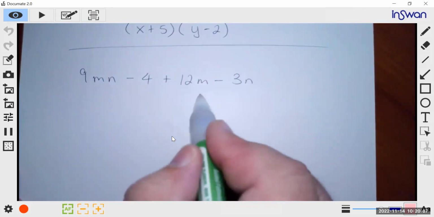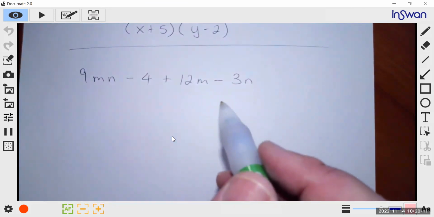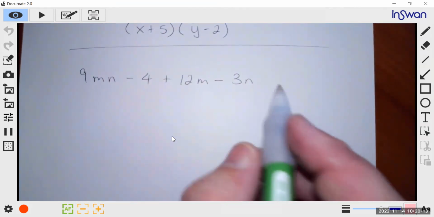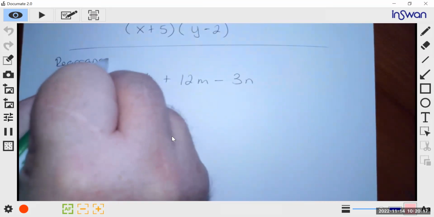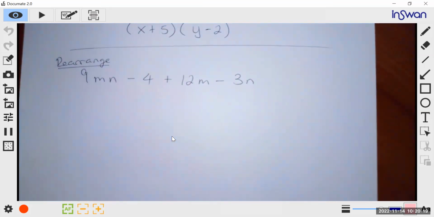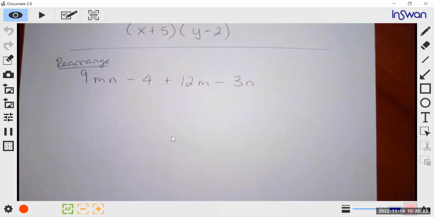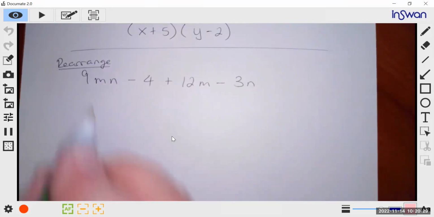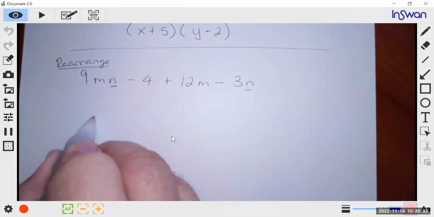Anything factor the second one? A 3, but it's not going to be the same. So it doesn't mean it's not possible. We may have to rearrange them. Try different combinations. For example, this one has an n, this one has an n. Let's put them together.